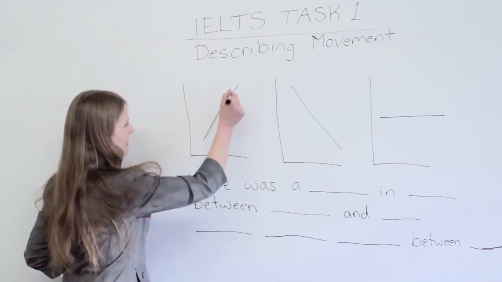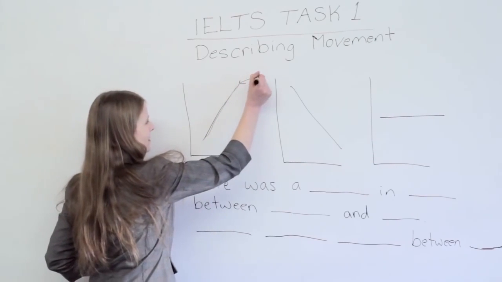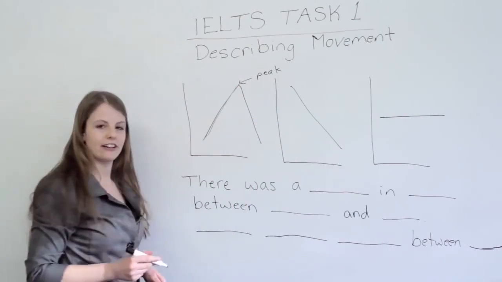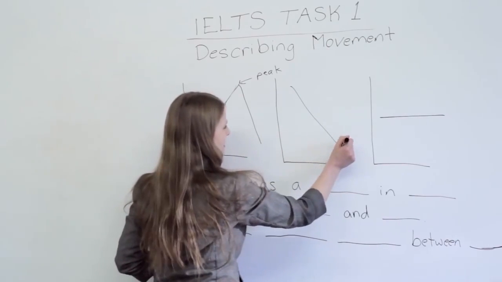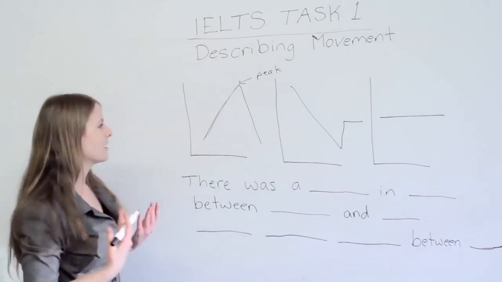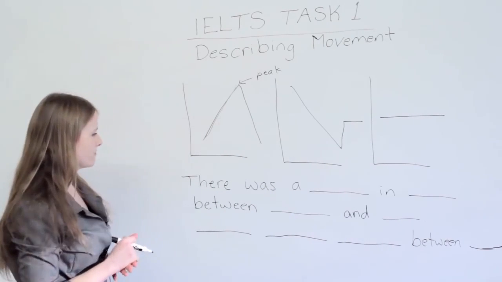For example, a graph might have an upward trend, reach a peak, and then a downward trend. Or maybe it's a downward trend first, it goes up a bit, and then it becomes stable. So how do we talk about describing movement? What are some keywords we can use?